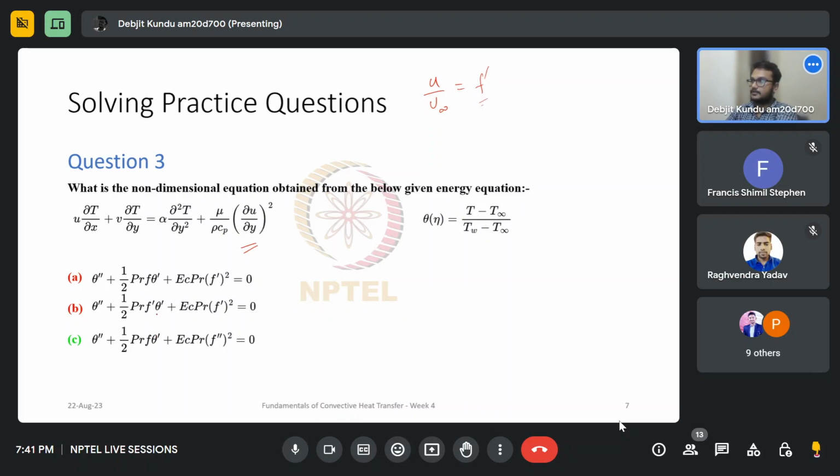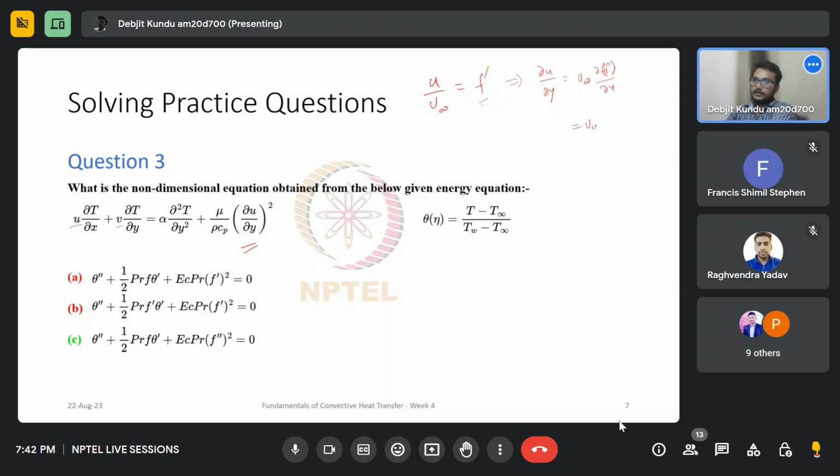F prime could be anywhere, since both u and v would have f prime, so it could be any of these equations. Now, lastly, this dou u dou y whole square term. For that, I need to first find dou u dou y, right? So dou u dou y would be u infinity into dou f prime dou y.